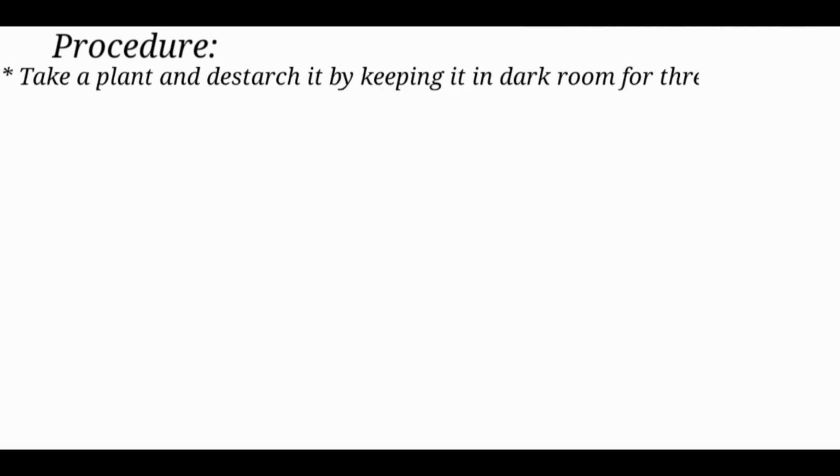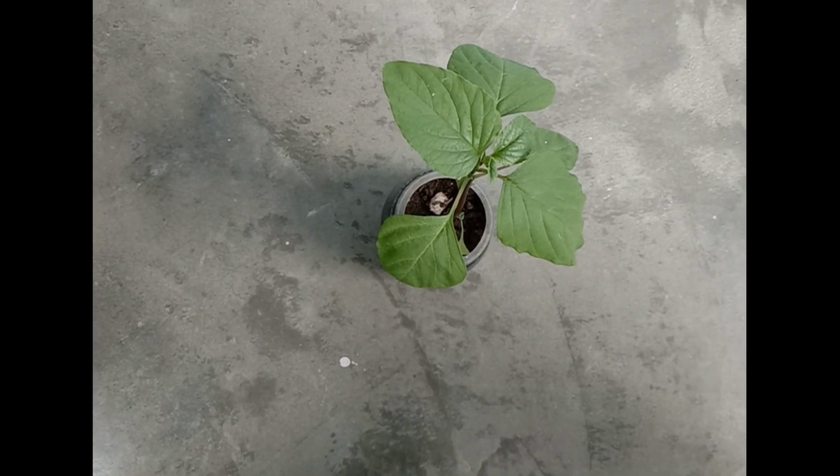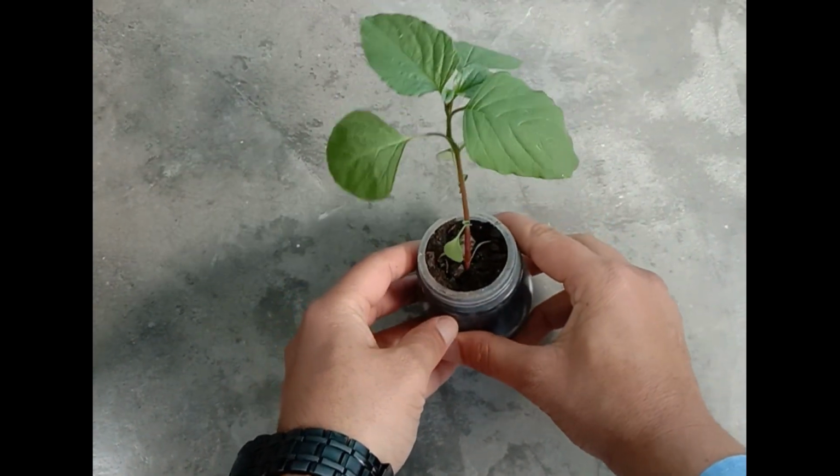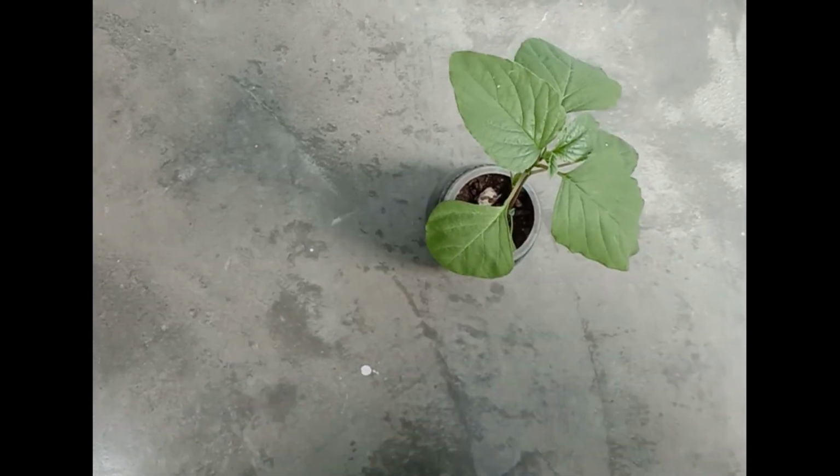Procedure. Take a plant and discharge it by keeping it in dark room for 3 days. For the activity, I have taken a potted plant which I have discharged by keeping it in dark room for 3 days.